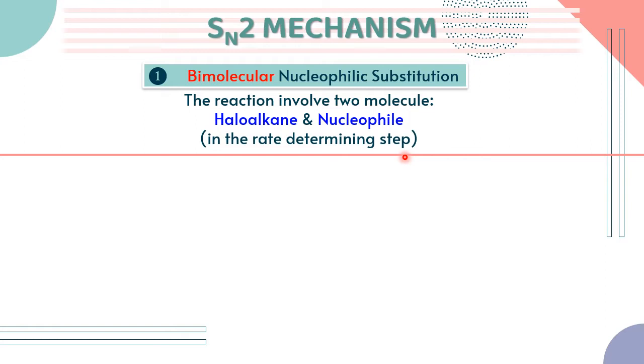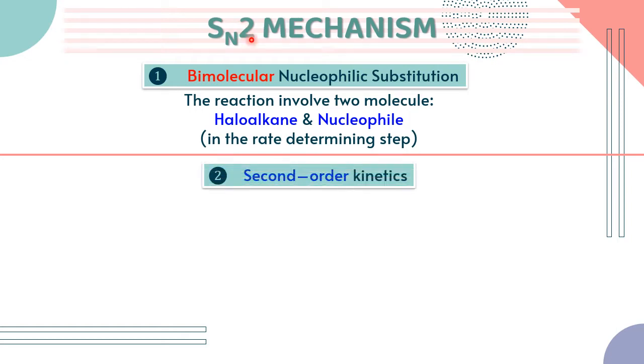In all nucleophilic substitution reactions, we will have a haloalkane and a nucleophile, but the rate determining step will determine the type of reaction. The rate determining step is usually the slow step. So if the slow step involves the haloalkane and the nucleophile, then it is SN2. Later for SN1, we will see what the difference is.